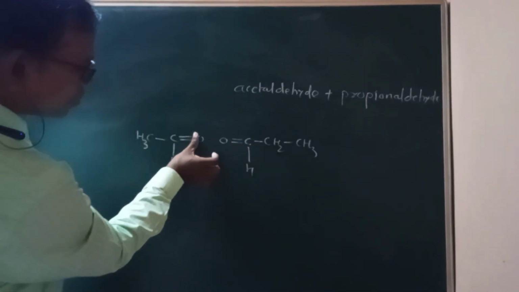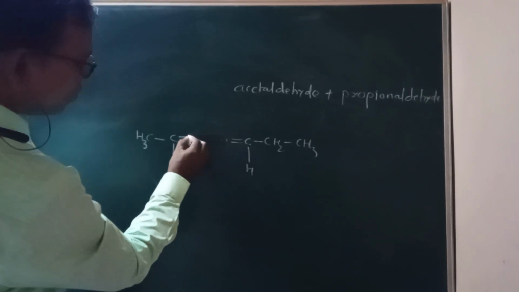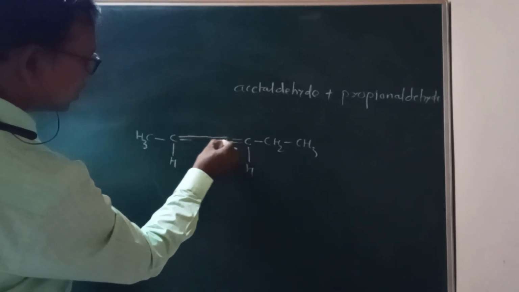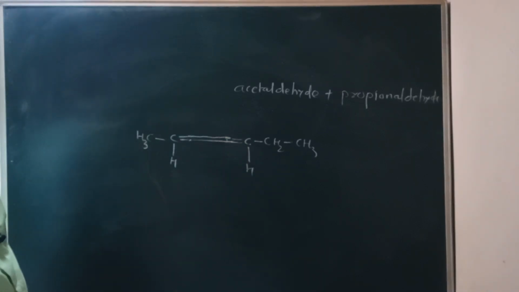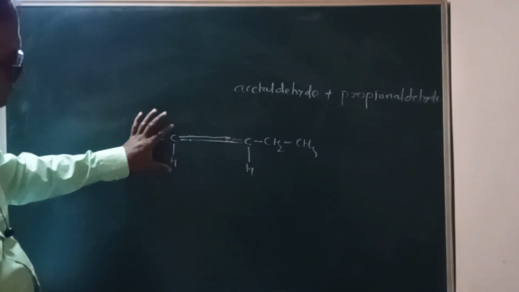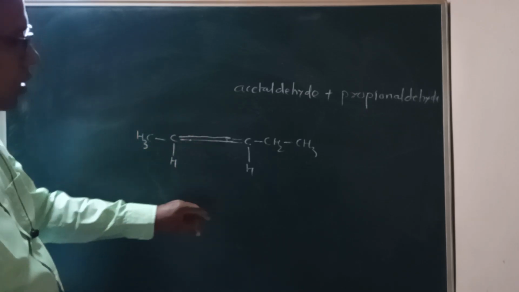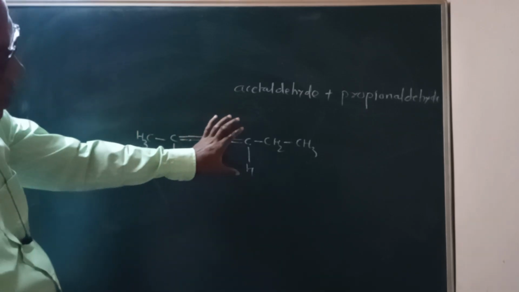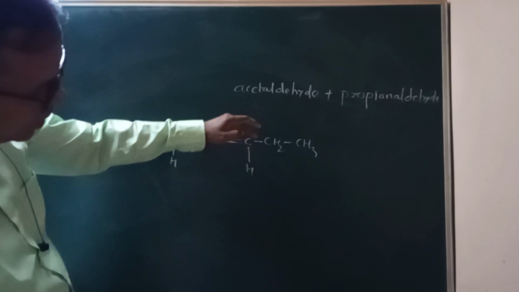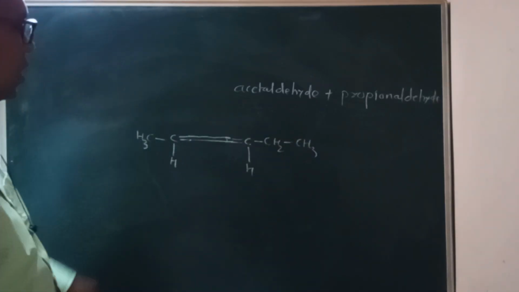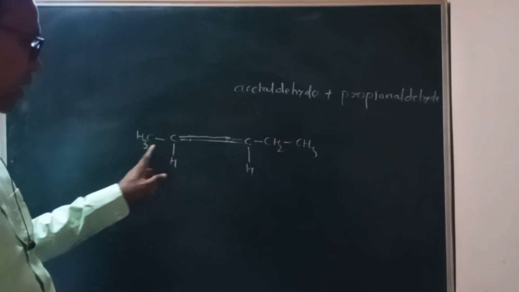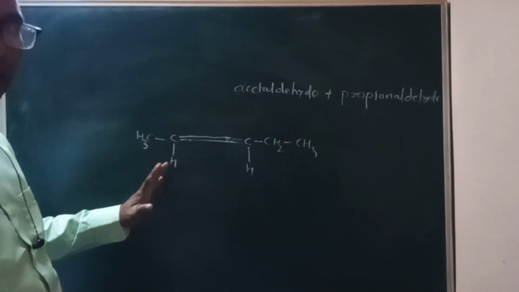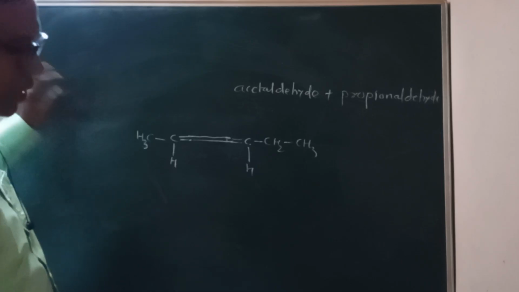Then remove these two oxygen atoms and extend these two bonds. When we extend these two bonds, we'll get the structure of that alkene. So what is this? CH3, then CH double bond CH, single bond CH2 followed by CH3. So it's 1, 2, 3, 4, and 5, a pentene. It's pent-2-ene. Got it? Yes.